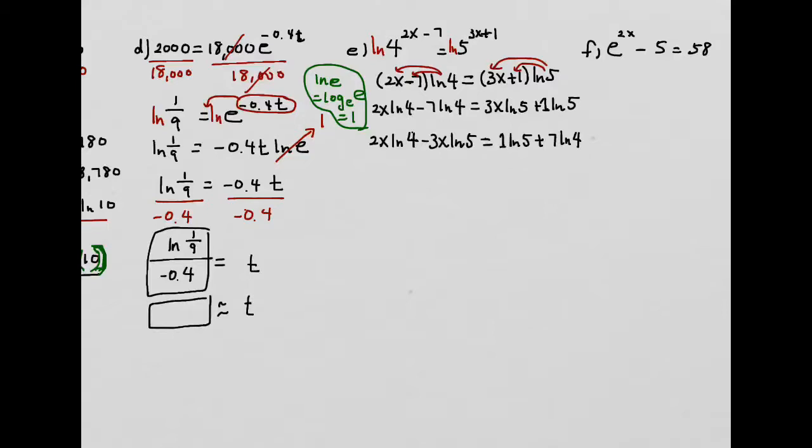And from these 2 terms on the left side, I can factor x out because both terms have x, right? When I factor x out, then I will have 2 ln 4 minus 3 ln 5 remaining. And we will divide both sides by 2 ln 4 minus 3 ln 5 to isolate x itself.